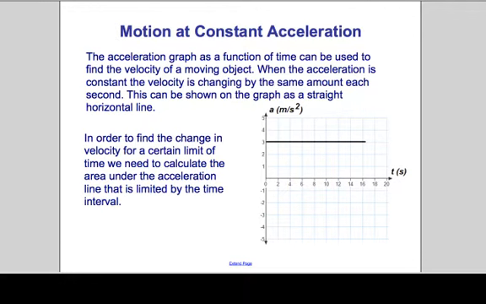Now, when we're calculating the area under the curve, it means we're finding the product of the variables on the x and the y axis.